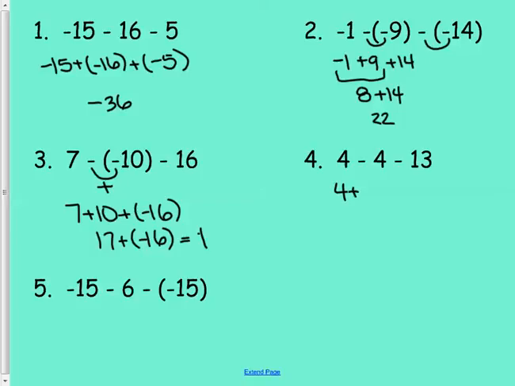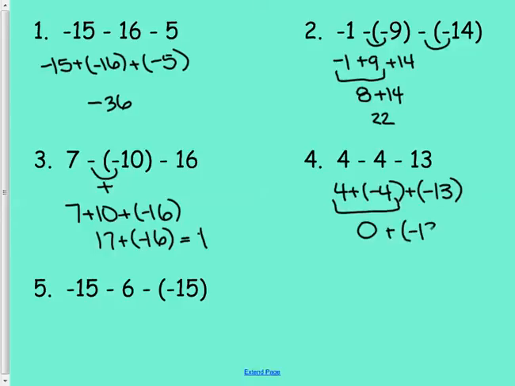Over here, 4 plus negative 4 plus negative 13. These two cancel each other out because they're inverses, they're opposites. So because they cancel each other out, that's 0. Different signs, subtract. Take the sign of the bigger. Well, when we subtract, it's just 0, and 0 doesn't have a sign.